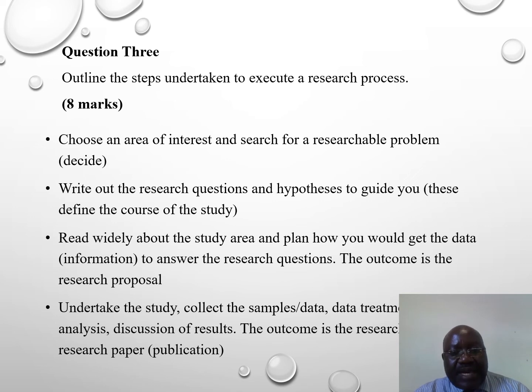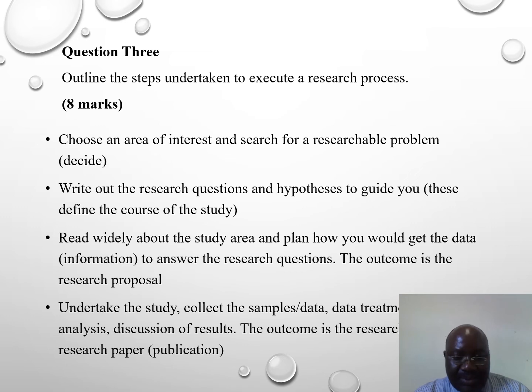After you have decided, you write out research questions and hypotheses to guide you. These normally define the course of the study. The other step: you read widely about the study area and plan how you would get the data or information to answer the research questions. The outcome of this is the research proposal.